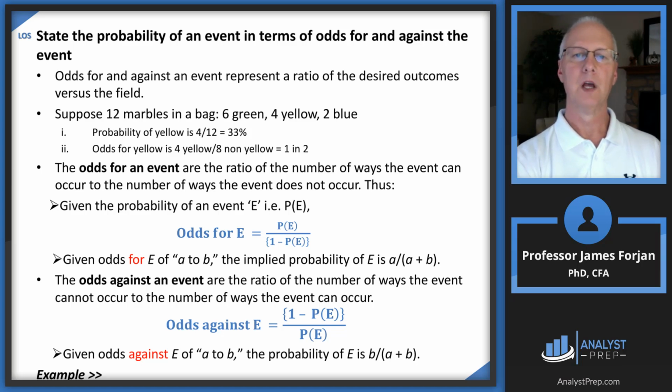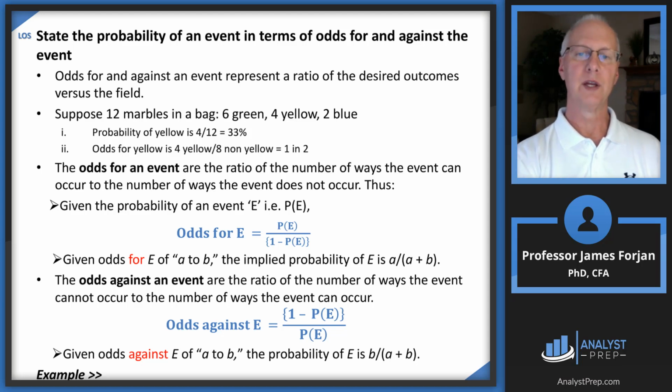So that's the probability of selecting a yellow marble out of the bag filled with 12 marbles. Now, on the other hand, the odds for a yellow is going to be 4 yellow in the numerator again, and then 8 non-yellow in the denominator. You have 4 yellow and you have 6 green and 2 blue, so that's 4 in the numerator and 8 in the denominator, so that's 1 in 2.